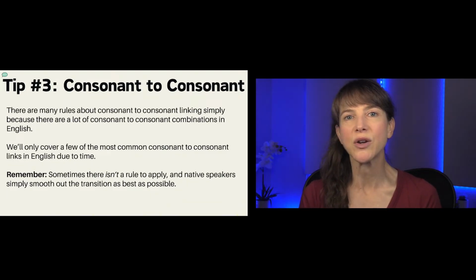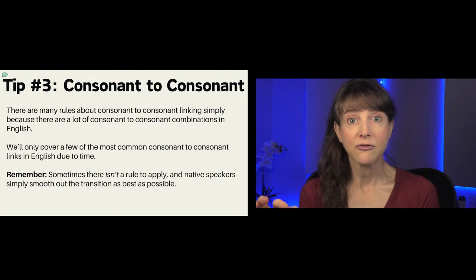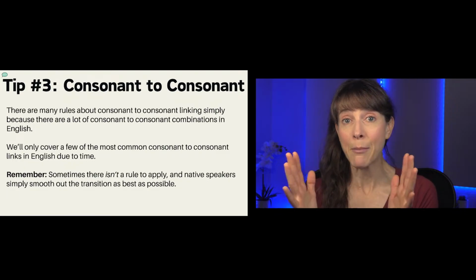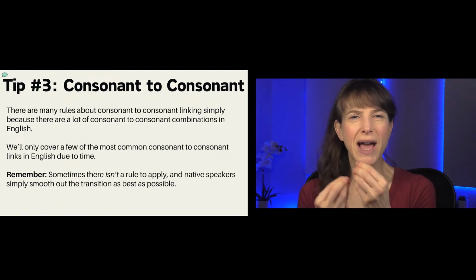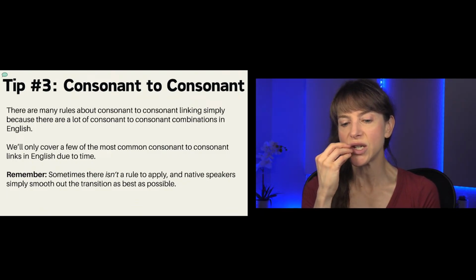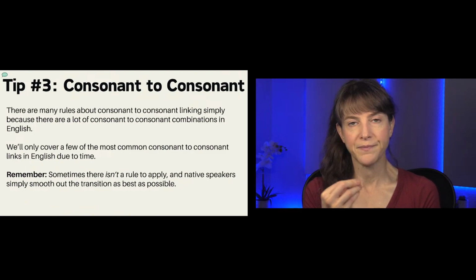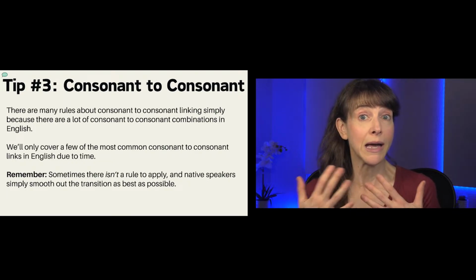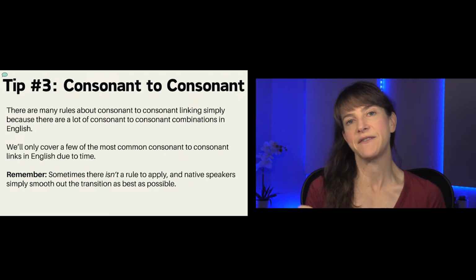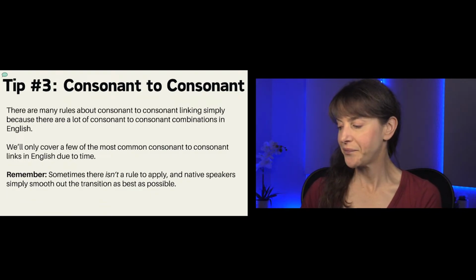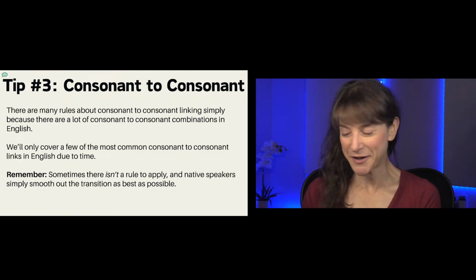Native speakers just smooth out that connection as best as possible. So it still sounds linked, right? There's still not a huge gap between the words, but there's no extra little thing happening. It's just a smooth transition. So sometimes, I apologize, I can't give you a trick or a rule. You just have to smooth out that transition. But we'll talk about some rules here.